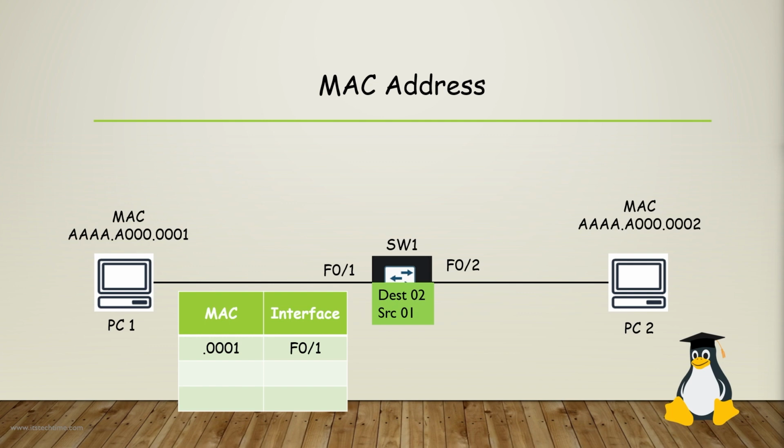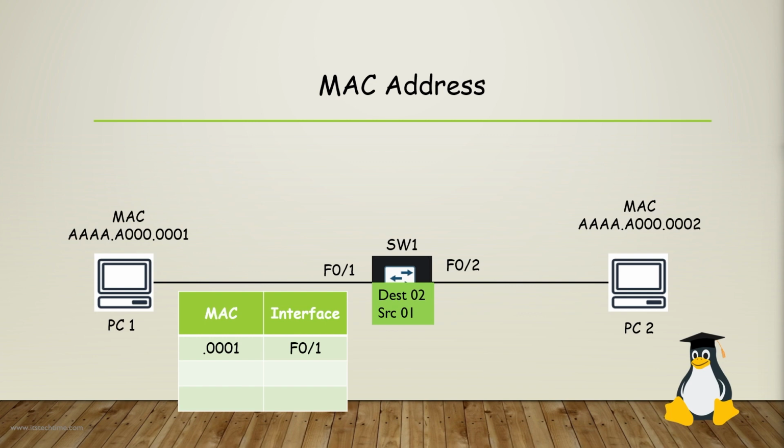Since switch 1 received a frame from MAC address AAAA.A000.0001 on interface F0/1, it knows it can reach that MAC address by going back through interface F0/1. This is how switches learn where each device on their network is, by looking at the source address of the frames that they receive.